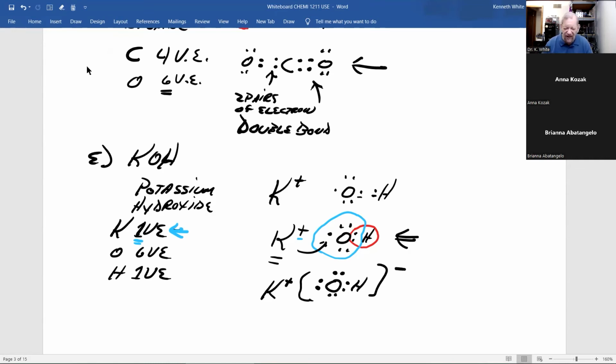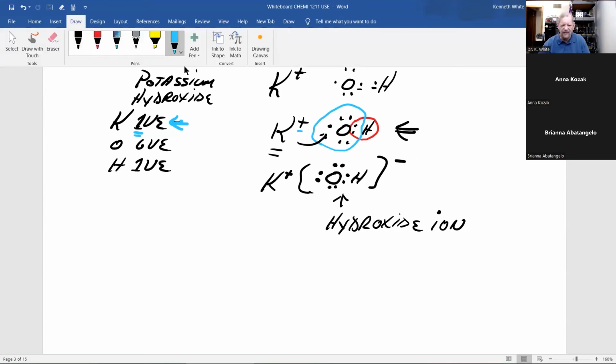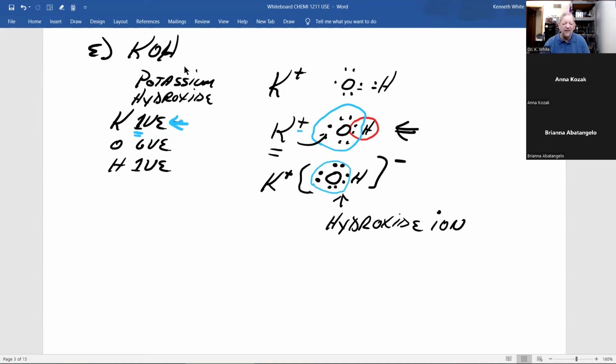So we have potassium plus OH minus, called hydroxide ion. And now oxygen has its octet. And it's happy. So what kind of bonds are in potassium hydroxide? Between the potassium cation and the hydroxide anion, there's an ionic bond.